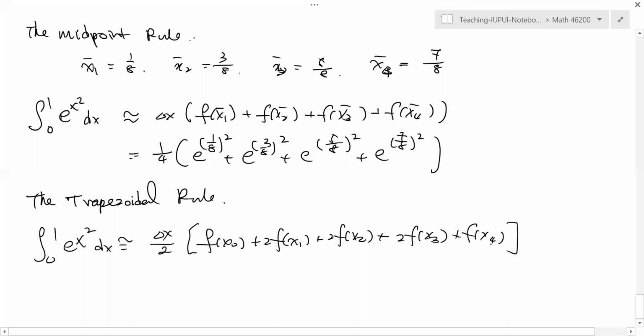When you do the exercise, you write this down first, then you plug in the numbers. Delta x is 1/4, so it's 1 over 8.